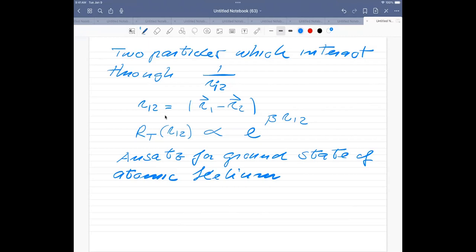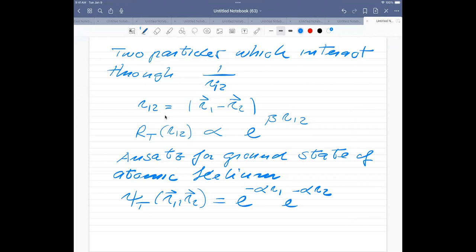We could now think of a total wave function for two particles, R1 and R2. That could be given by some variational parameter, e to the minus alpha, and then I have an R1. This is the absolute value. This would be the single particle piece. And then I have an e, I can have the same parameter of R2. So same variational parameter for the single particle piece.